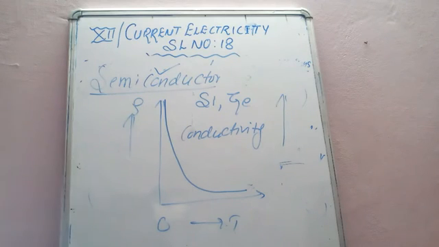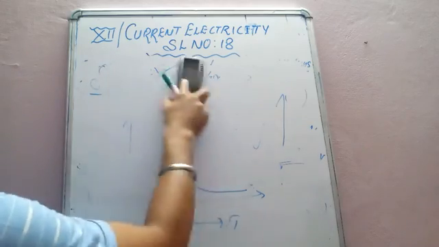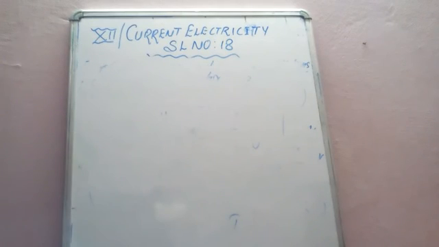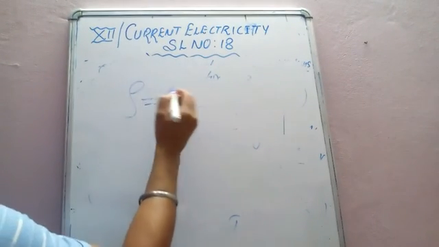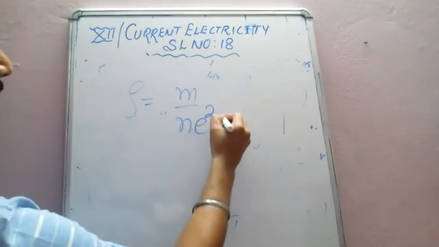Now, in another way, we can also explain the behavior of all these three. We know that resistivity is equal to m upon Ne square tau.